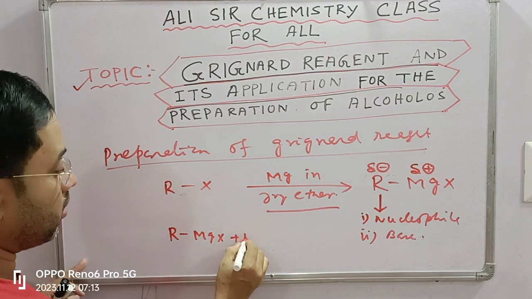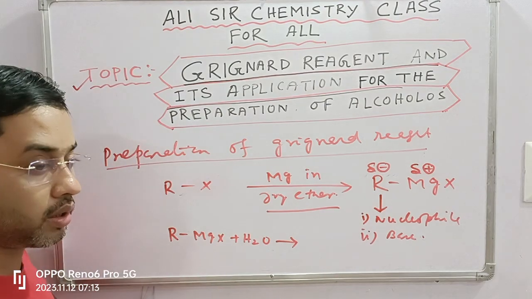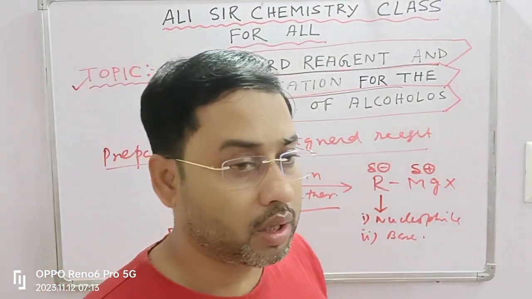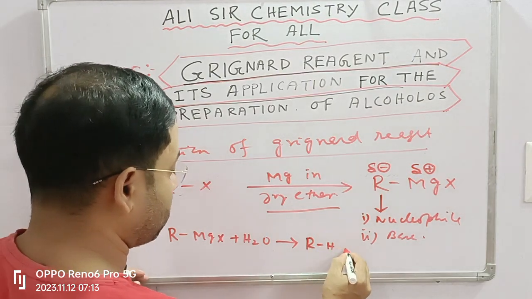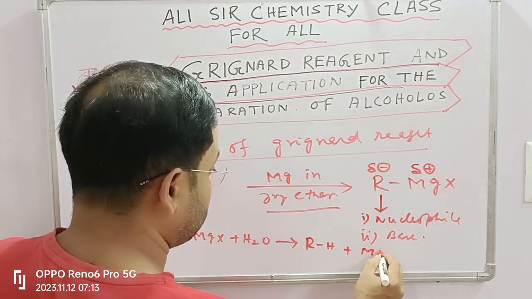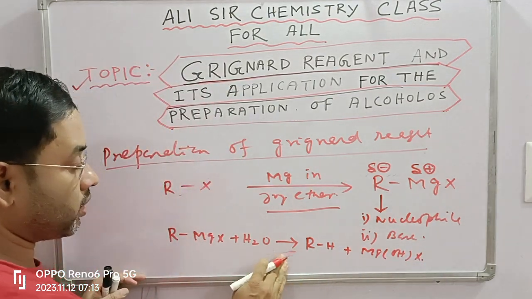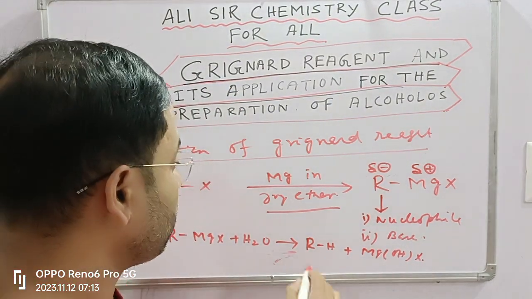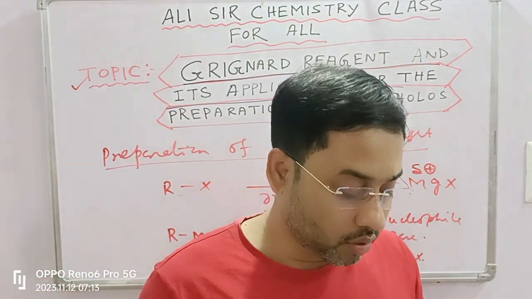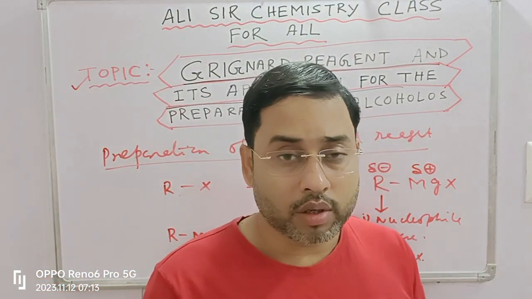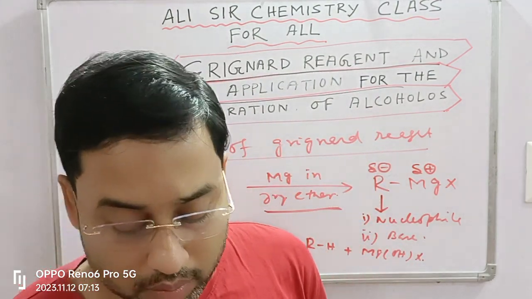RMgX reacts with water or any other protic solvent, say methanol, ethanol, and it will form an alkane, RH plus MgOH. So to stop this decomposition of Grignard reagent, we have to always use dry ether. The solvent must be dry, otherwise the Grignard reagent will be decomposed.